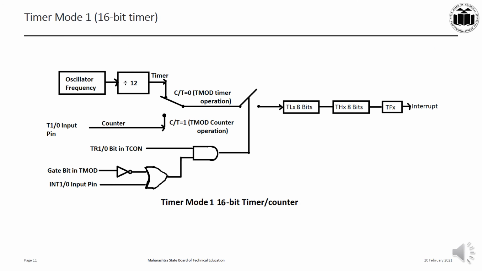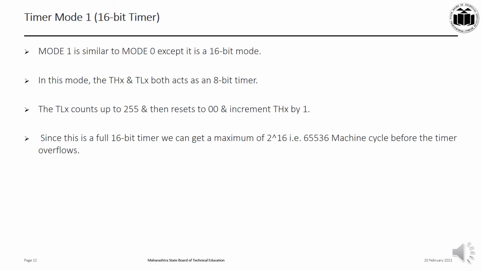Timer mode 1 is also called the 16-bit timer mode. Any timer can operate in mode 1 independently. Both TL0/1 and TH0/1 are used as it is a 16-bit timer mode. By using the TMOD register, again we can select mode 1 for timer 0 or timer 1. So timer mode 1 is similar to mode 0, except that it is a 16-bit mode.